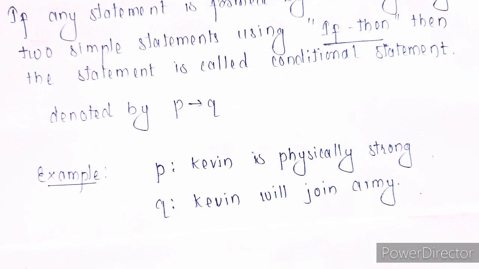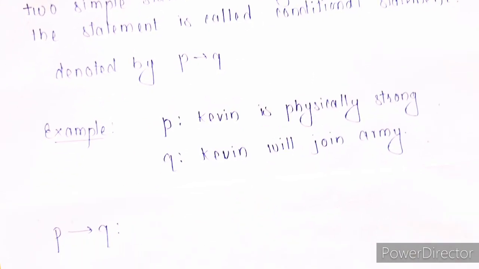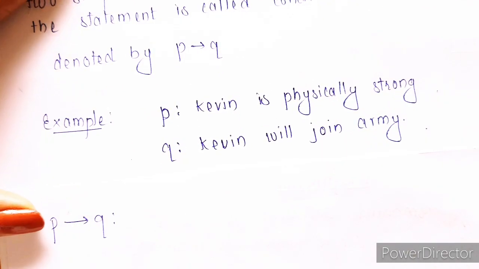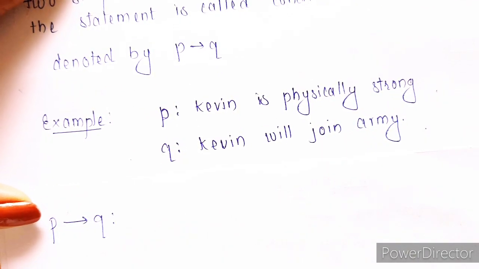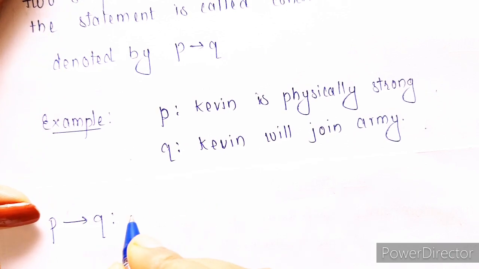Let's look at this example. Here two statements are given. P is "Kevin is physically strong", and Q is "Kevin will join army". Now we have to write P implies Q, the implication of this statement. We have to connect these two statements using "if, then".